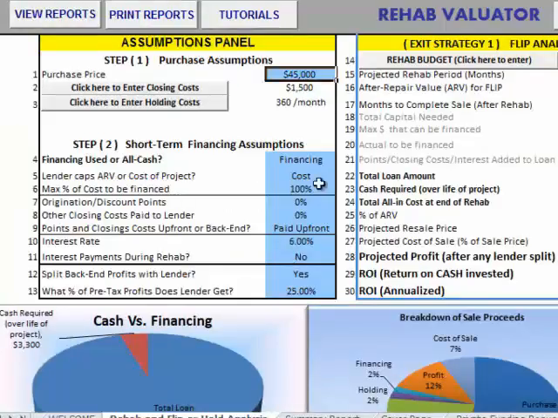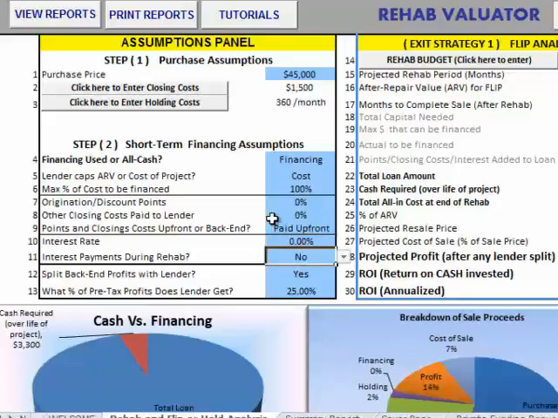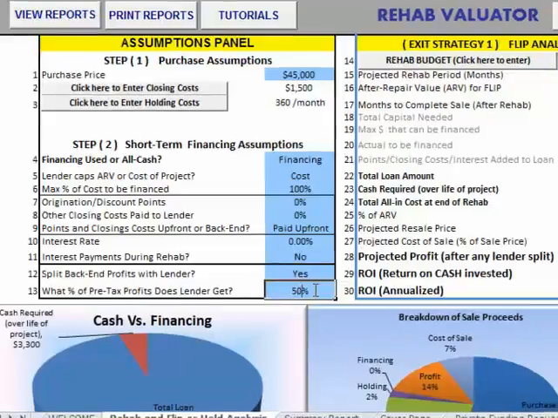You could go just a pure equity route, meaning they put up the money for you to do the deal, and you guys both own the deal. You're not paying them interest rate on this money, and you're going to split the profits 50-50. Right, so here we're going to say 50%, and we're going to bump up the sales price back to $100,000.